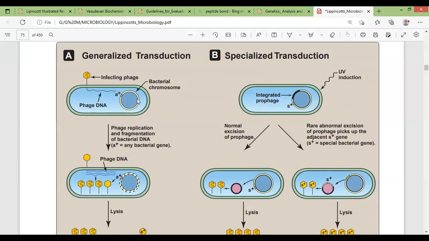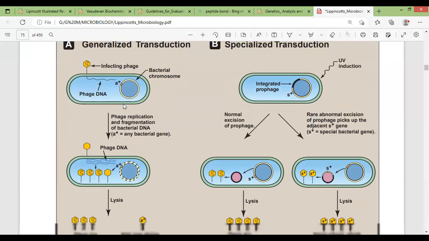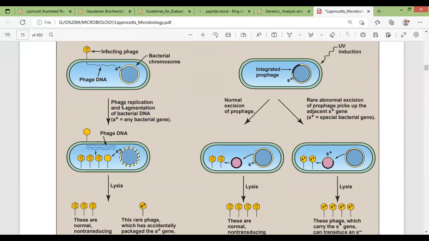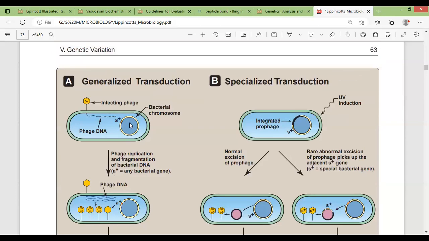So here it is. We have our bacterial cell here. And now in this case, the A plus is the focus. That is the unique thing in this bacterial cell that the next cell will not have, okay? So we have this A plus on the bacterial chromosome here. Then we have our bacteriophage.